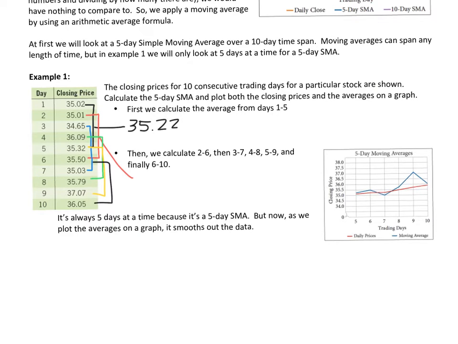So we'll do all of those averages and then look at the numbers. So let's see what we get. Now over here you have a graph of this. When you do the day to day, notice how you have it up, down, up, down.